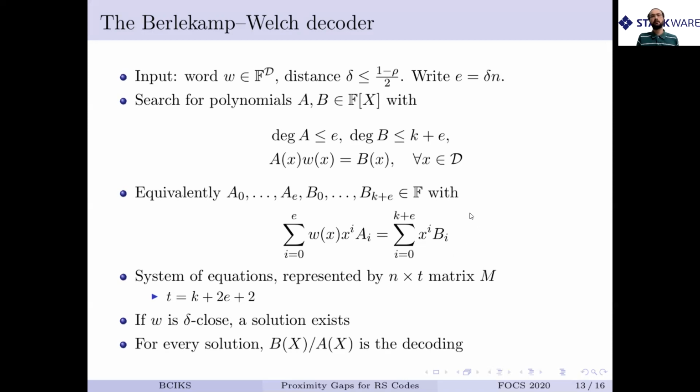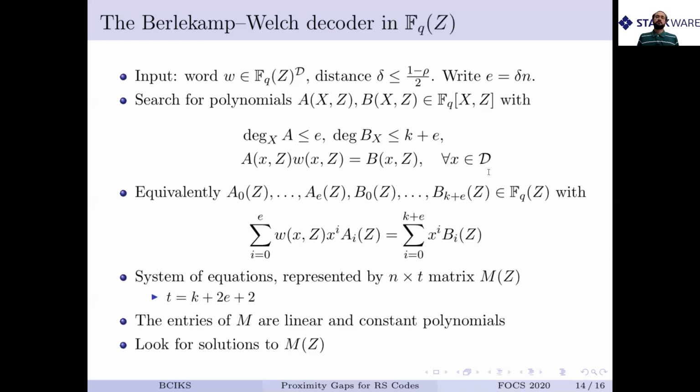Now let's replace our general field F with the rational function field F_q(Z). So now we are looking in particular for not just one variable polynomials, but bivariate polynomials A(x,Z) and B(x,Z), which again have the same conditions on the x degrees of A and B, and the same condition for every x in D. But now this condition is not just in field elements; it's in field elements which are functions in Z. And we are looking for coefficients A0 to AE of Z, and the same for B, which are also functions in Z and satisfy these equations for every x.